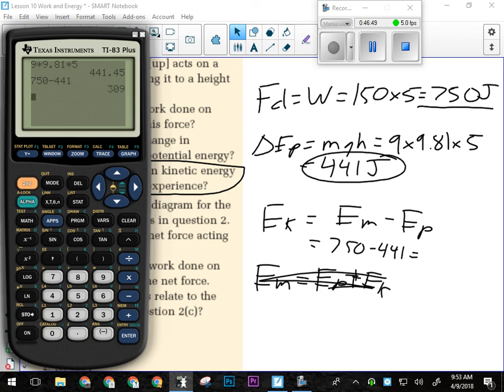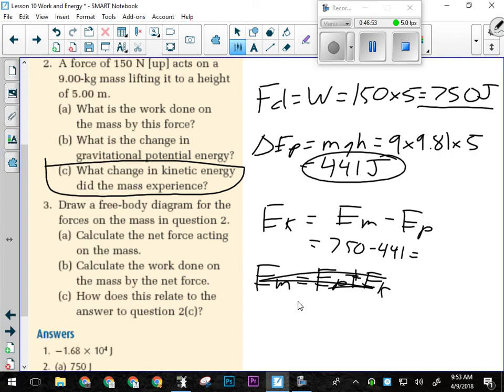All right, so 309 joules of that ended up being kinetic. Everybody all right with that? Since I know the mass of that, would I be able to calculate the speed of this thing as well? I would. I could just solve one half mv squared and figure out what v was for the end.